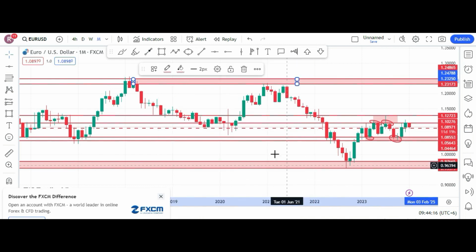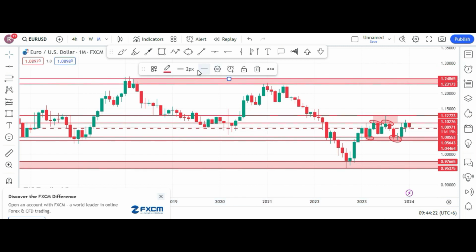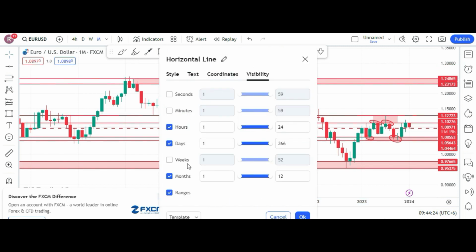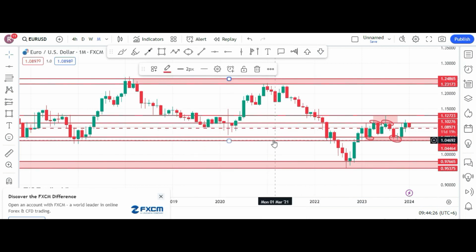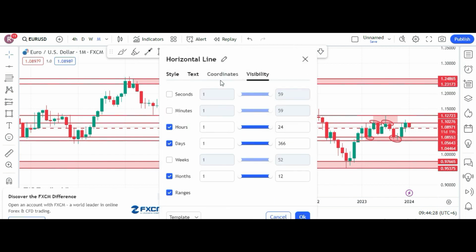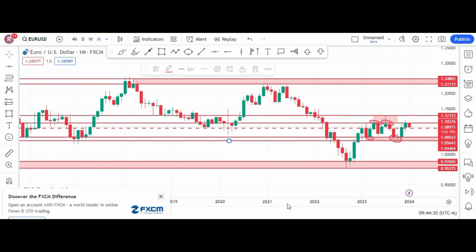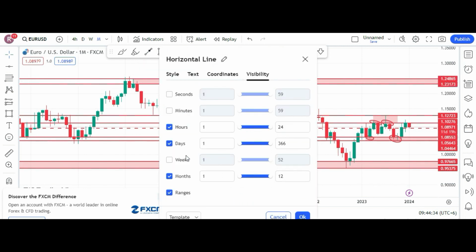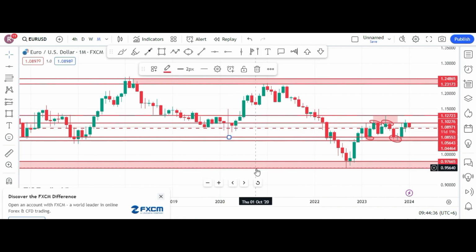Okay, it is there already. I need to enable all of them so nothing is confused when we go to the weekly time frame.